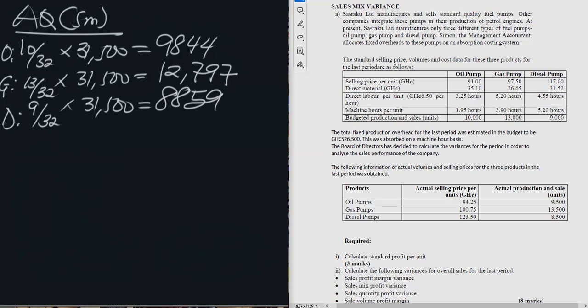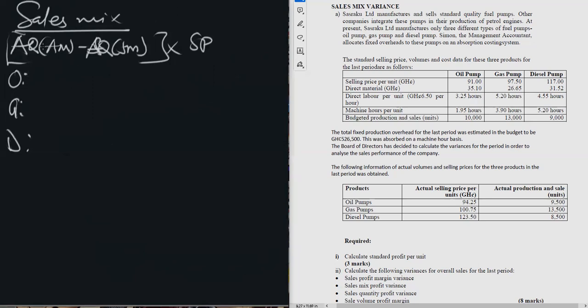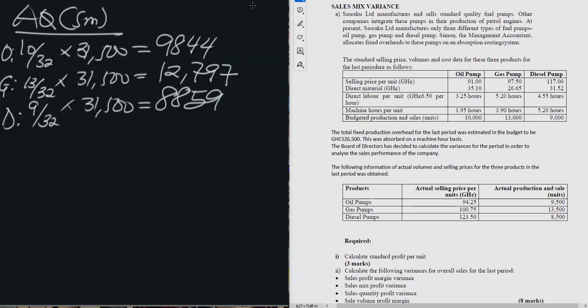So we can put it in our mix and in our quantity. When I come to mix here, it says actual quantity, actual mix. I can now put in my 9,500, my 13,500, and my 8,500, right? Actual quantity, actual mix. Now I need actual quantity at standard mix, which I just worked out.